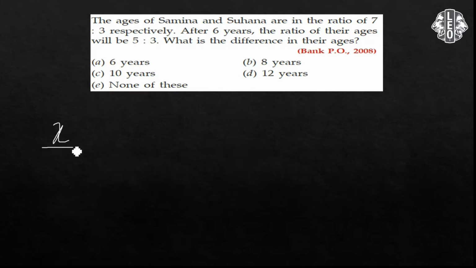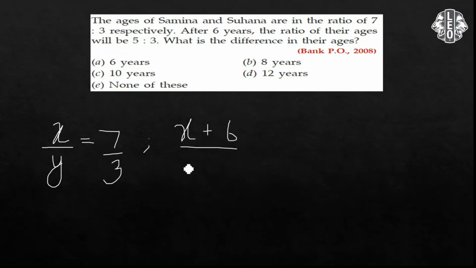So x divided by y will be equal to the ratio 7 by 3. Then after 6 years, x plus 6 divided by y plus 6 is given to be 5 by 3. It's as simple as that.